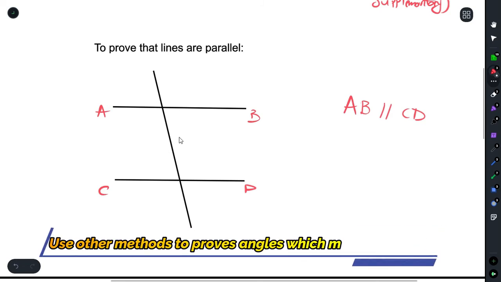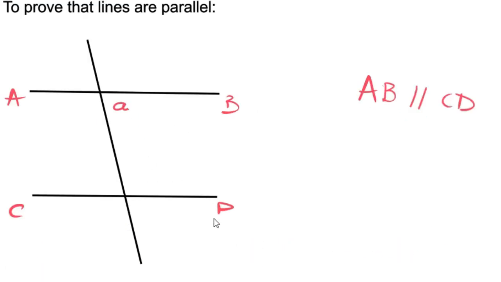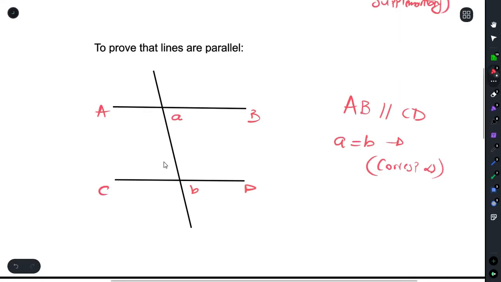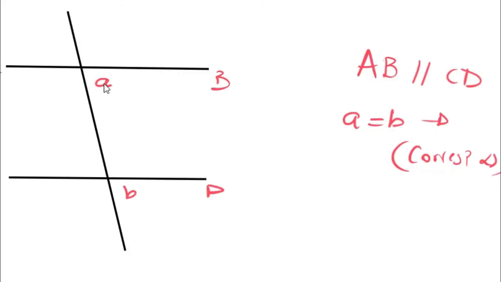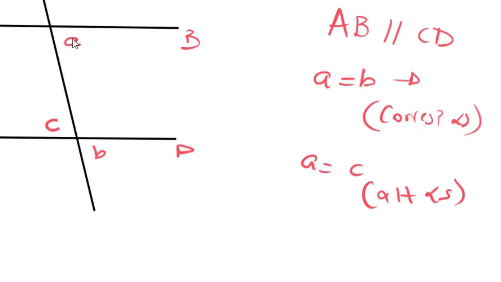So we'll use other methods for us to prove that the angle we have here is equal to the angle we have here. So if you can prove that A is equal to B, we can give the reason as being corresponding angles. If you are able to prove that A is equal to C, we can say that the reason would be alternate angles.